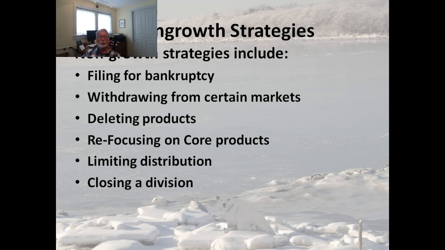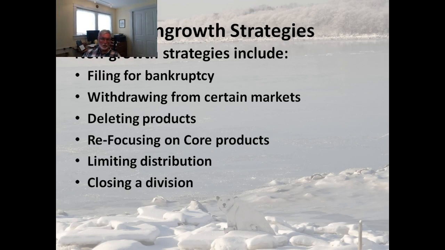This is the total retrenchment. We're getting out. We can't do this anymore. We need to get out. Right now, we're seeing lots of bankruptcies in big retail. So the market has changed, and big retailers are struggling, and lots of them have declared bankruptcy. They're leaving the market, or they're restructuring through bankruptcy.